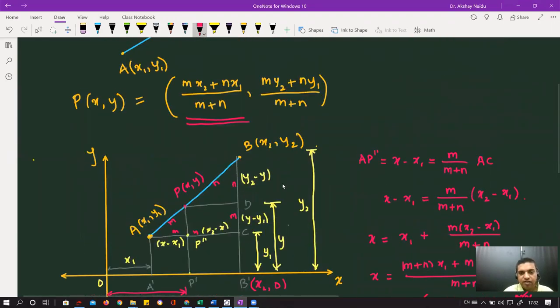Correct? Look here. To B it is y2, and this B dash B is y2 and B dash C is y1. So y2 minus y1 will give us CD.